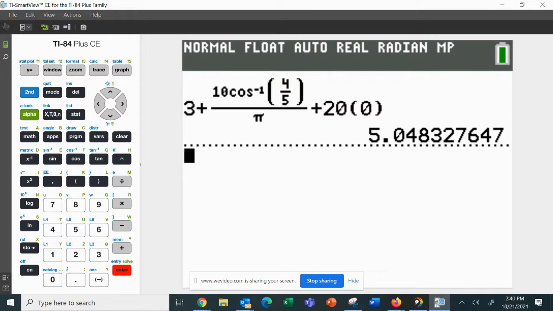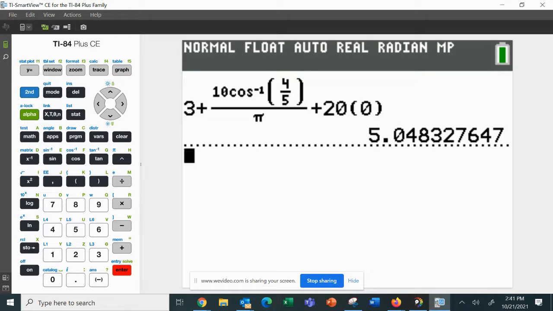If it doesn't work, especially with you all that have to do the extra parentheses and stuff, you stop me right away. Everybody will be patient while I help you catch up if it doesn't work. So I got an answer of about 5 point something.